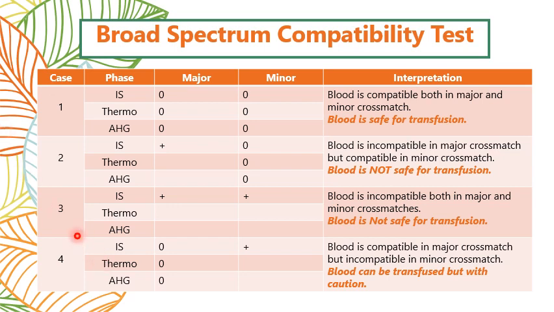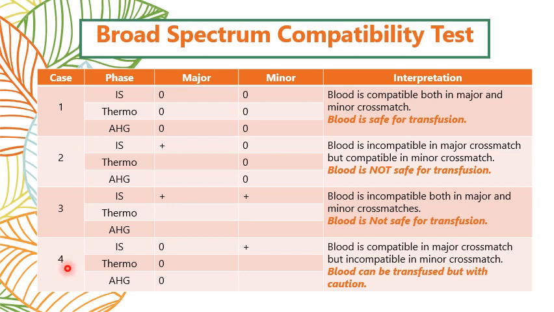In case number 3, there is a reaction in major and minor cross-match in the immediate spin phase. So meaning blood is incompatible both in major and minor cross-matches. So therefore, blood is not safe for transfusion.